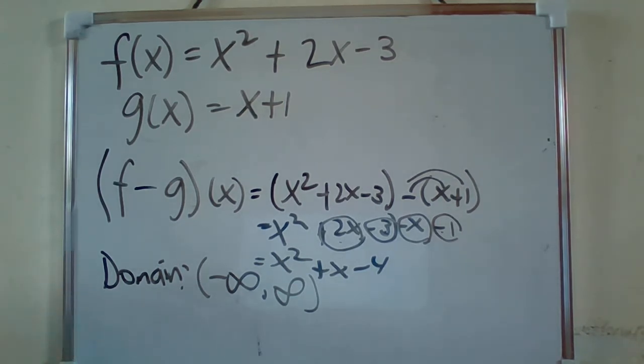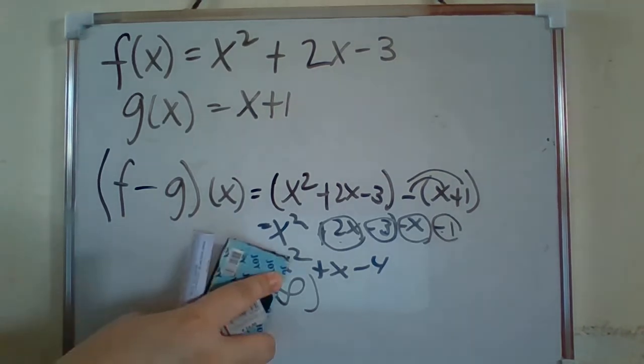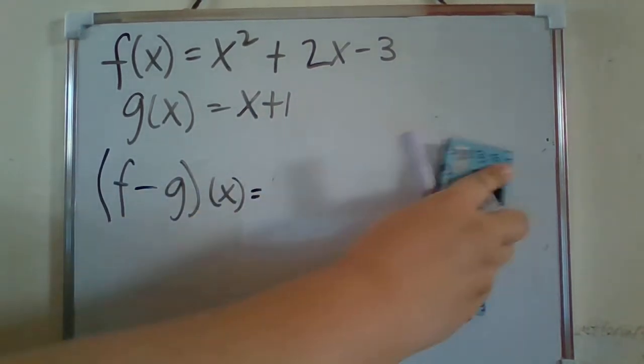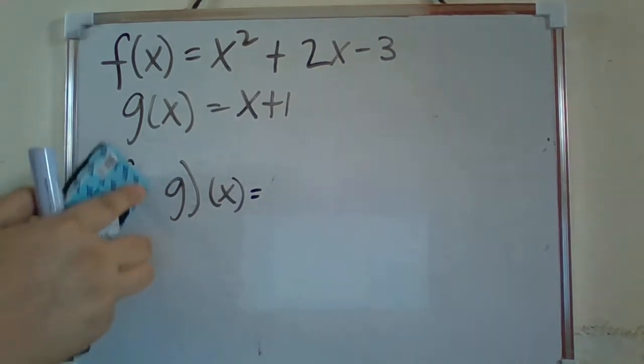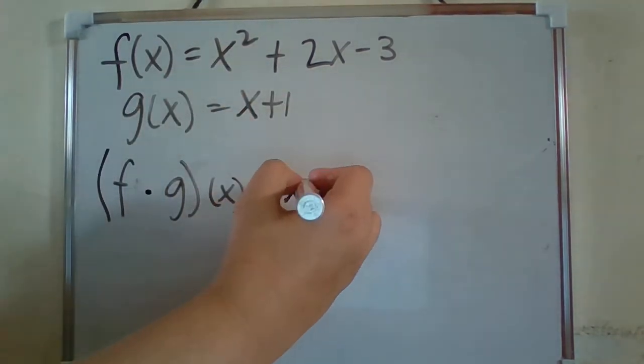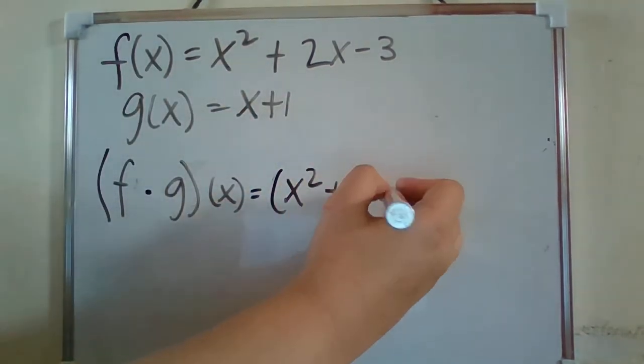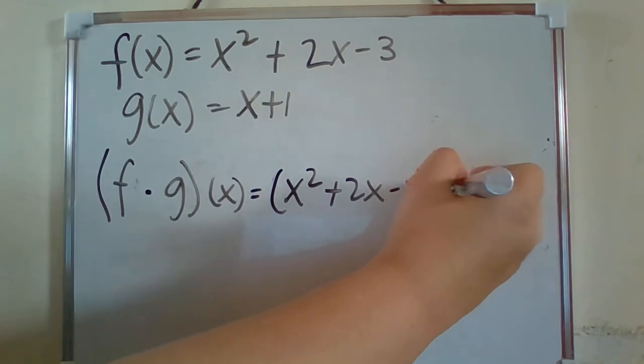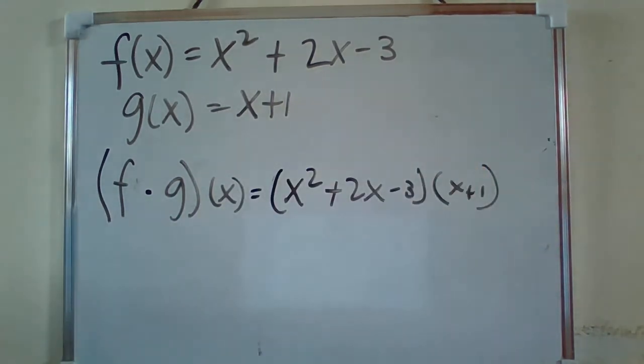Okay, so, let's move on to the multiplication. How about multiplication? So, kung may multiplication naman, so, same pa rin. Palitan lang natin tong symbol. Yan natin ng dot. Ayan. So, x squared plus 2x minus 3 times x plus 1. So, this time, magagalaw na natin si x squared.